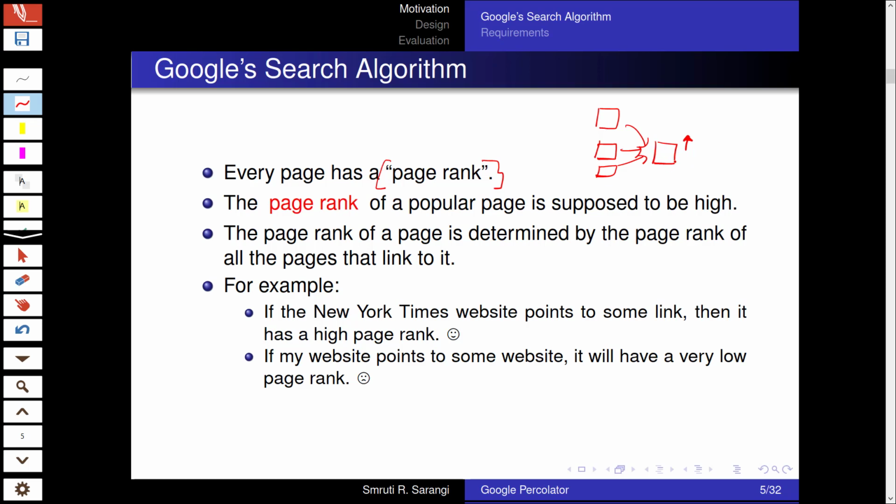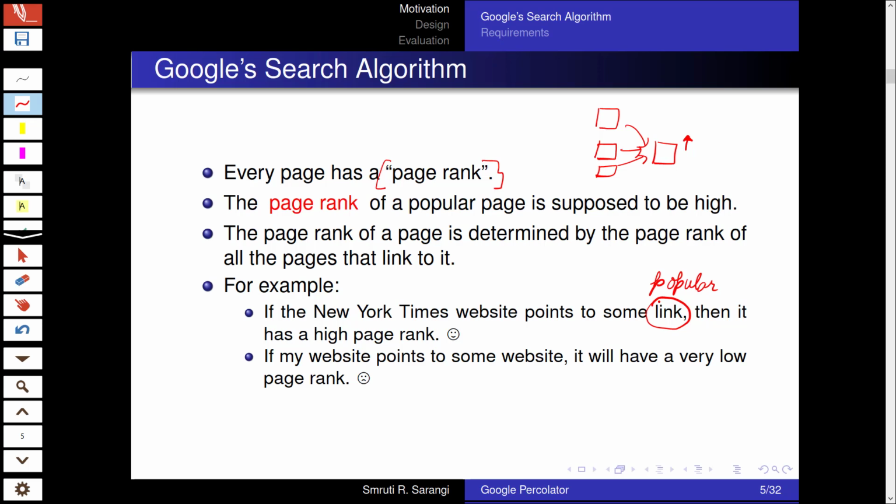So the page rank of this page increases. Consider an example. Assume that a very popular newspaper like the New York Times points to some link, then automatically that link is presumed to be important or popular. So the page rank for this link will also be high, right?